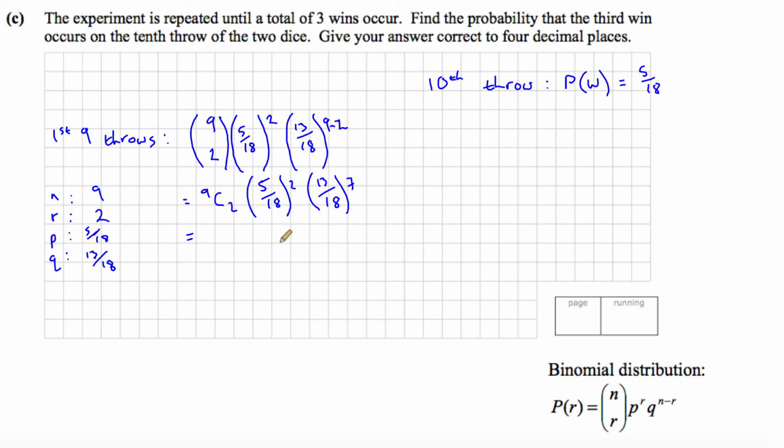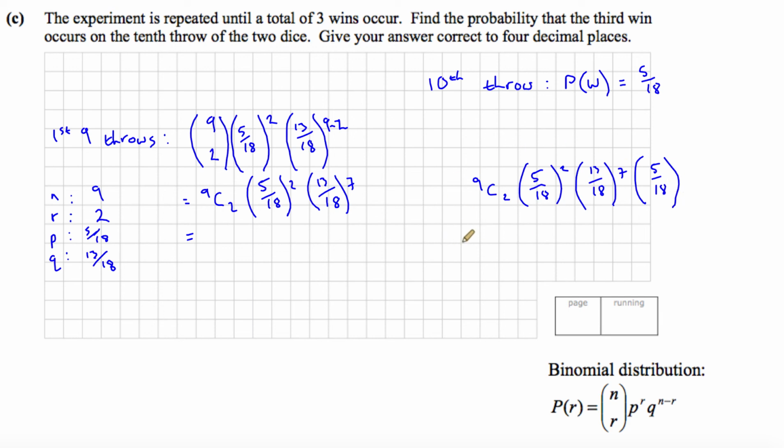So the answer to the question is actually the 9C2 times 5/18 to the power 2, in other words, all of this, multiplied by the 5/18.